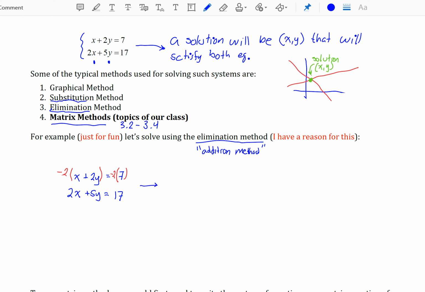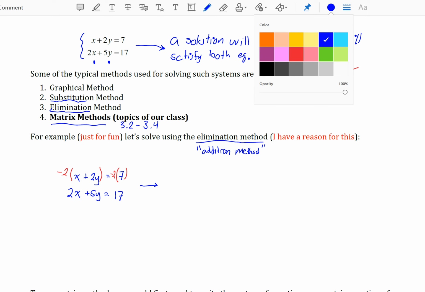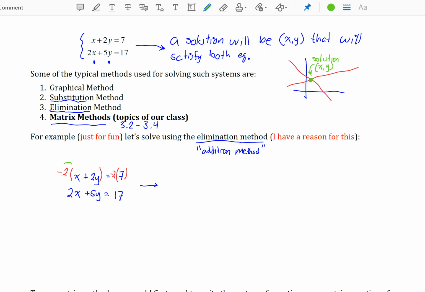So when we do this multiplication, don't forget you must distribute that -2 to both terms in the parentheses. So we should get -2x plus 4y equals -14. The second equation stayed the same.